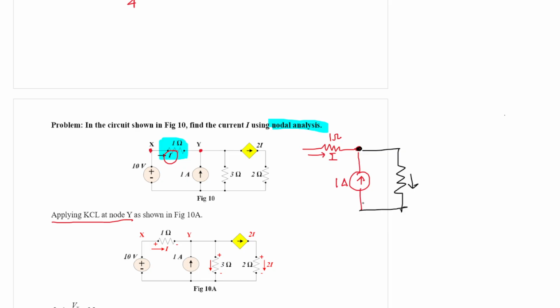This node should be at higher potential with respect to this node, which must be at ground potential. So node Y should be at higher potential with respect to ground. So one current should be flowing through the 3 ohm resistance away from node Y, that means this current is leaving. And additionally another current, which is 2I, is also leaving from node Y. This is 2I.